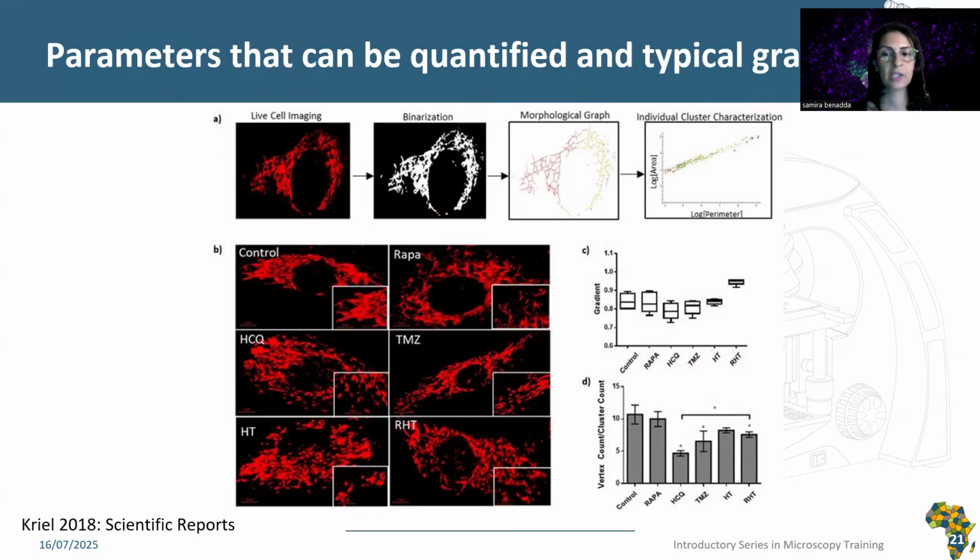In this publication on autophagy-modulating drugs, there is the control and different drugs like hydroxychloroquine sulfate here, as well as the chemotherapeutic temozolomide, and also rapamycin and bafilomycin. So they coordinate autophagy modulation with mitochondrial network connectivity.